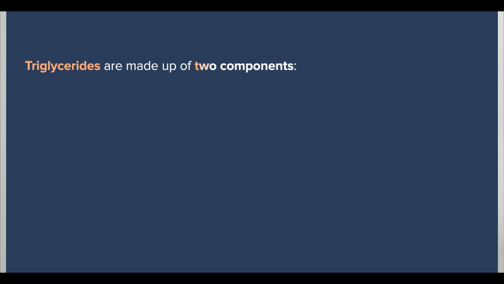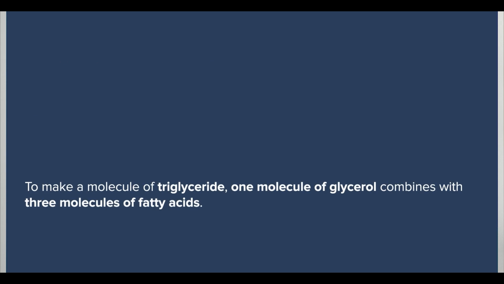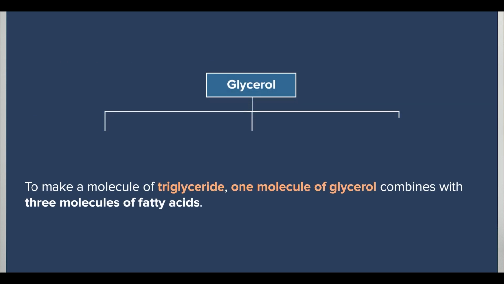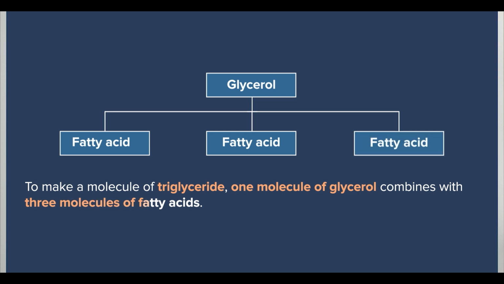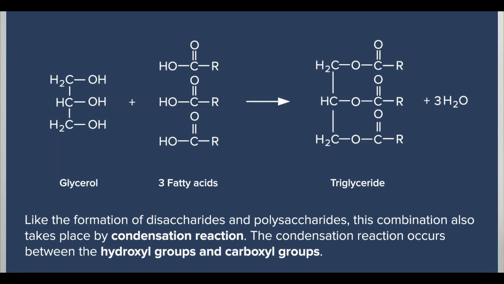Triglycerides are made up of two components, glycerol and fatty acids. To make a molecule of triglycerides, one molecule of glycerol combines with 3 molecules of fatty acids. Like the formation of disaccharides and polysaccharides, this combination also takes place by condensation reaction.